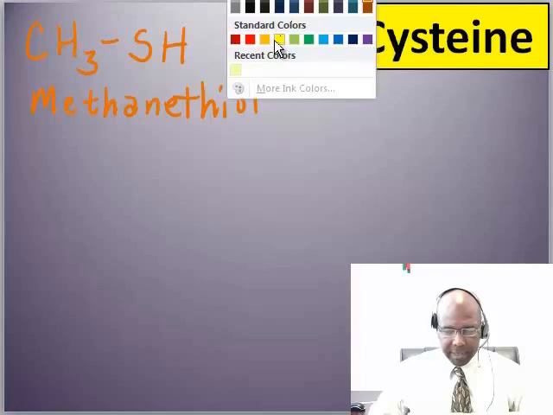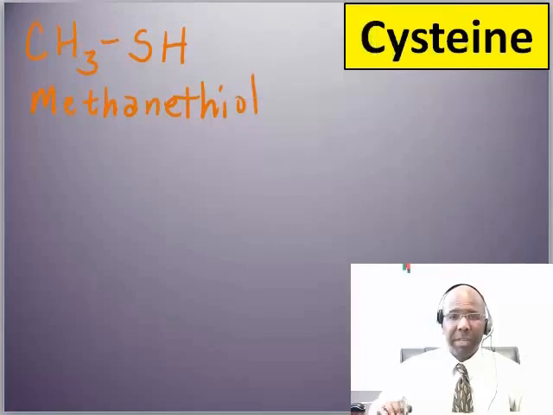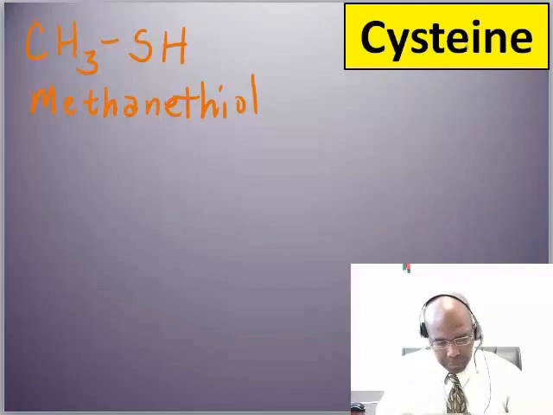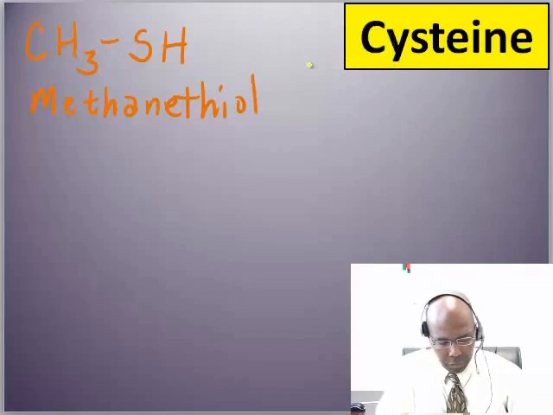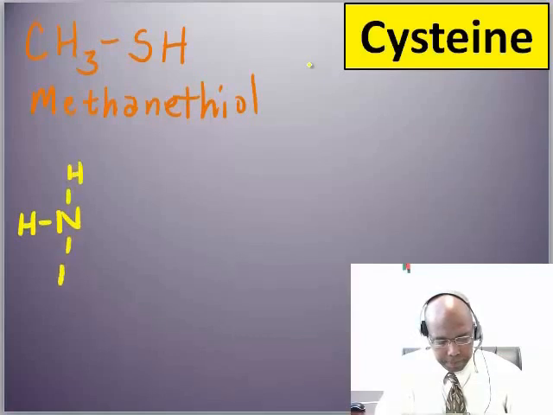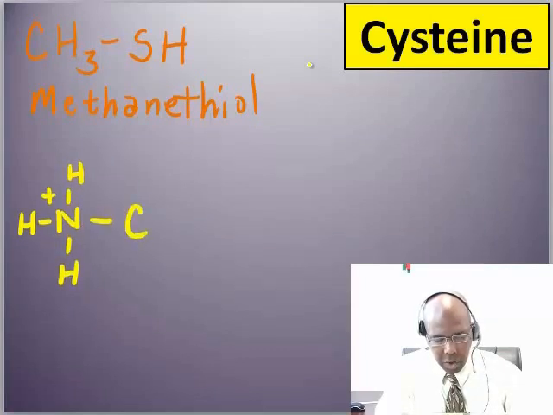Now let's draw the amino acid cysteine. We're going to put our amino group here, our alpha carbon with its hydrogen, our carboxylic acid group.